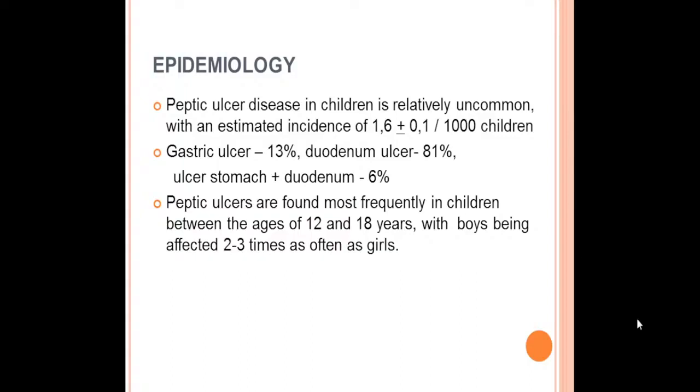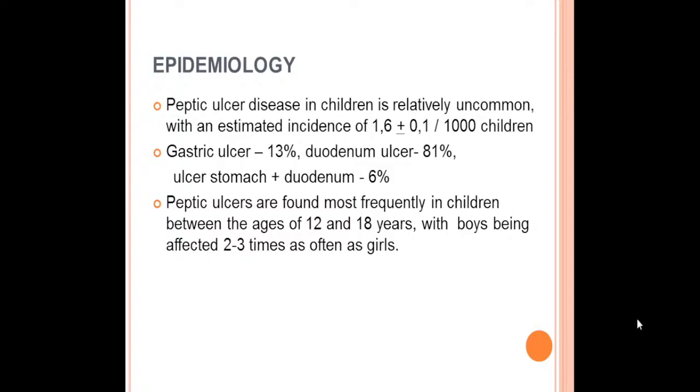Gastric ulcer is 13% of all patients with peptic ulcer disease, 81% duodenal ulcer, and the combination of gastric and duodenal ulcer is 6% of patients with peptic ulcer disease. Peptic ulcers are found most frequently in children between the ages of 12 and 18 years, with boys being affected 2-3 times as often as girls.